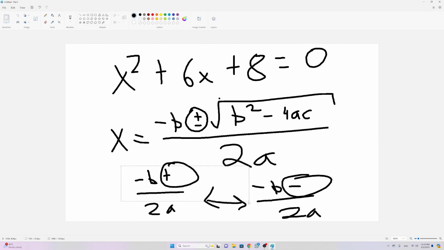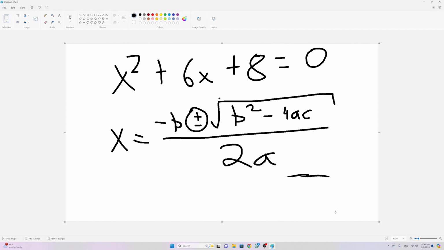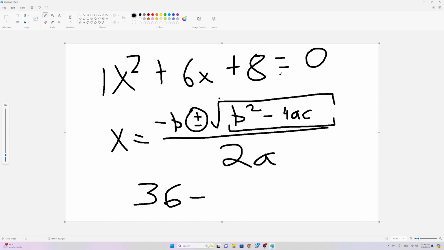So in terms of which values of b squared minus 4ac correspond to which number of solutions, we really just have to look at its relationship to 0. For example, let's look at b squared minus 4ac for this equation. b squared is 36, minus 4 times a, which is 1, times c, which is 8, so minus 32.